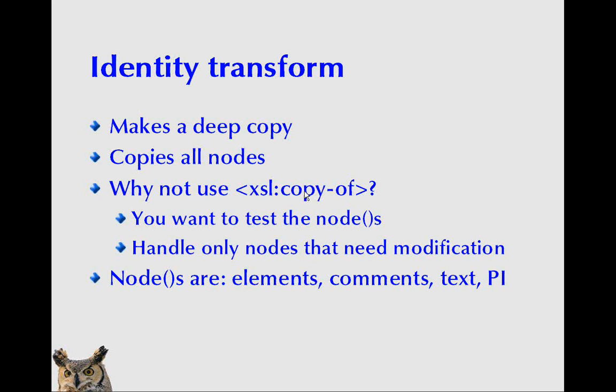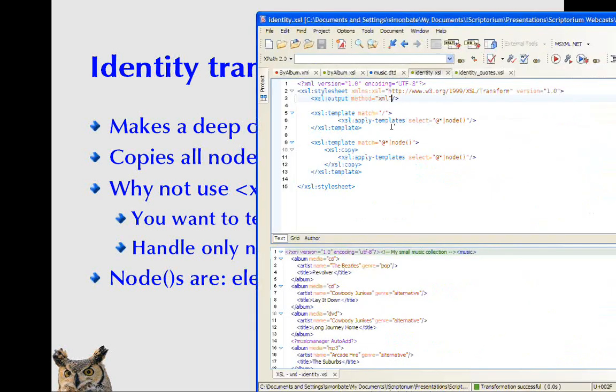I can just go to DOS and say copy X to Y and get the same thing done. The reason we want to use copy is that we want to test the nodes, and this is where we can start looking for specific elements. The nice thing is, by basing everything on the identity transform, everything that we just need to have copied automatically gets copied for us.